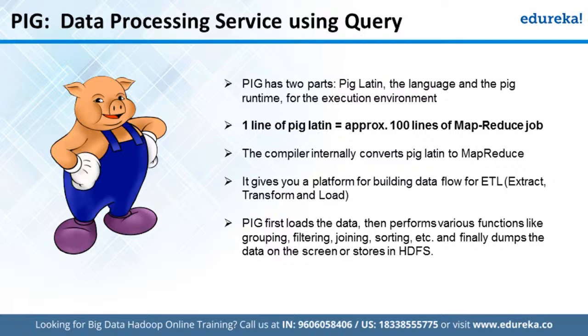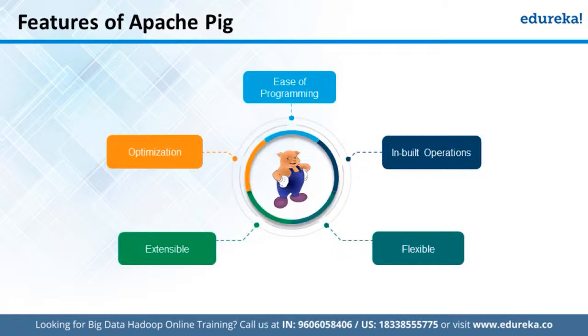So data flow and data manipulation, Pig can do very easily. It loads the data, performs various functions like grouping, filtering, joining, sorting, and finally dumps the data either on the screen if you are using the grunt shell, or it stores the data in HDFS. Features of Apache Pig: basically ease of programming. As you can see, you don't have to write 100 lines of code.